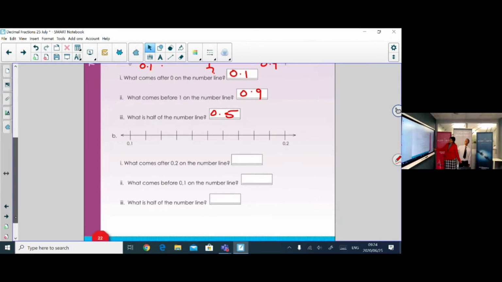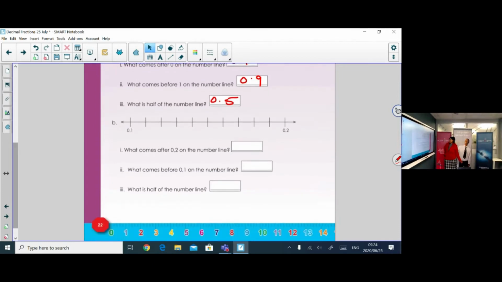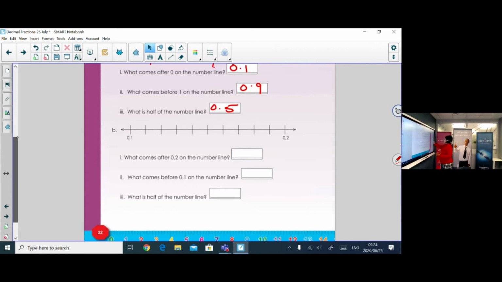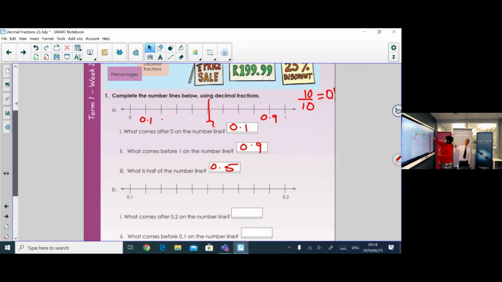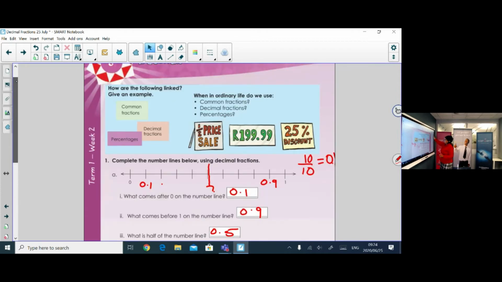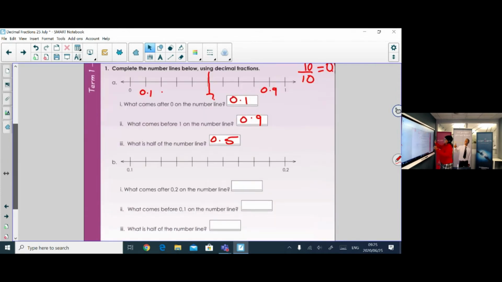Number B, we have this one, 0.1 to 0.2. We've got 10 divisions there. Let's see what we can get.